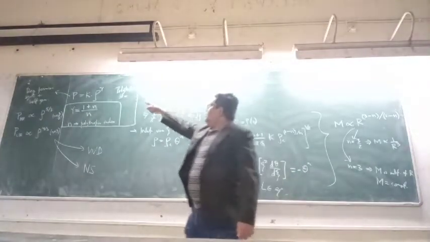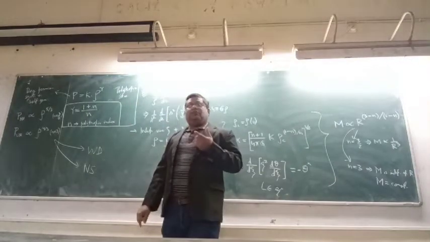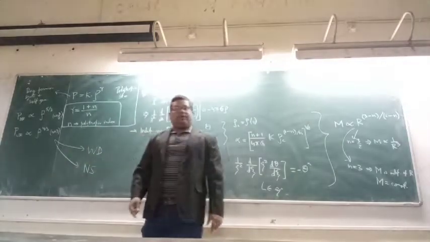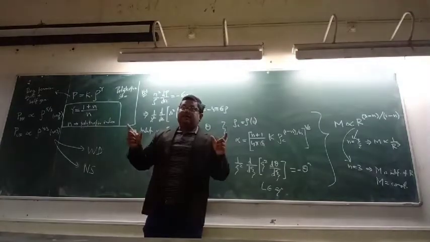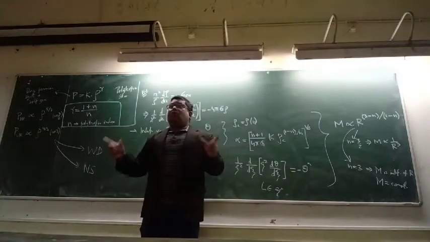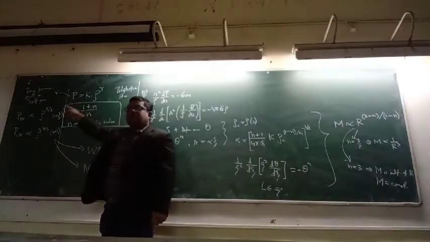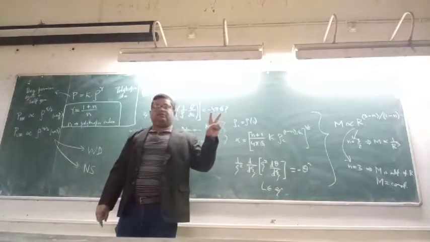Let us now stop over there and move to this part. Where have we seen such a relationship? We have seen it for white dwarfs, remember? Or basically, not just white dwarfs. We have seen this relation for a degenerate fermionic system which is self-gravitating. Now there are two such possibilities.